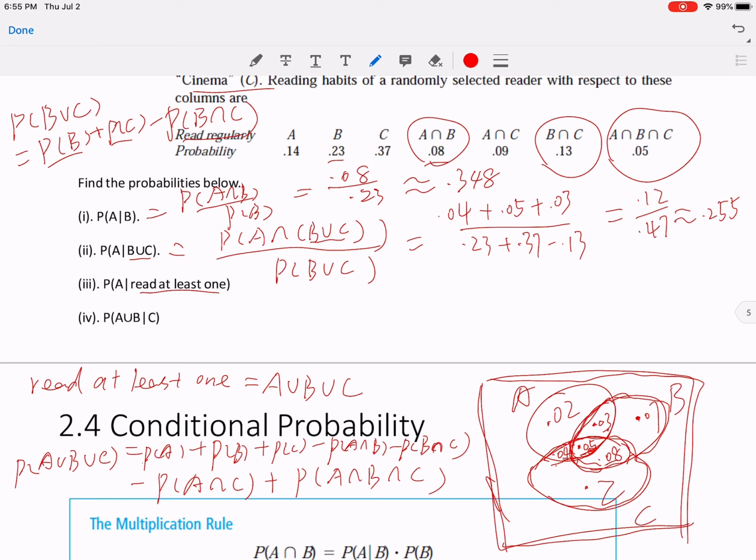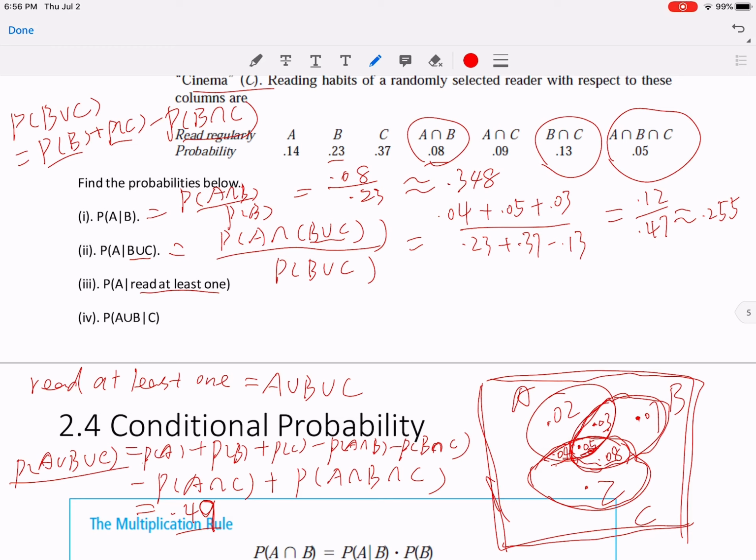We will have the probability of A union B union C is 0.49, which means the probability that read at least 1 is 0.49.